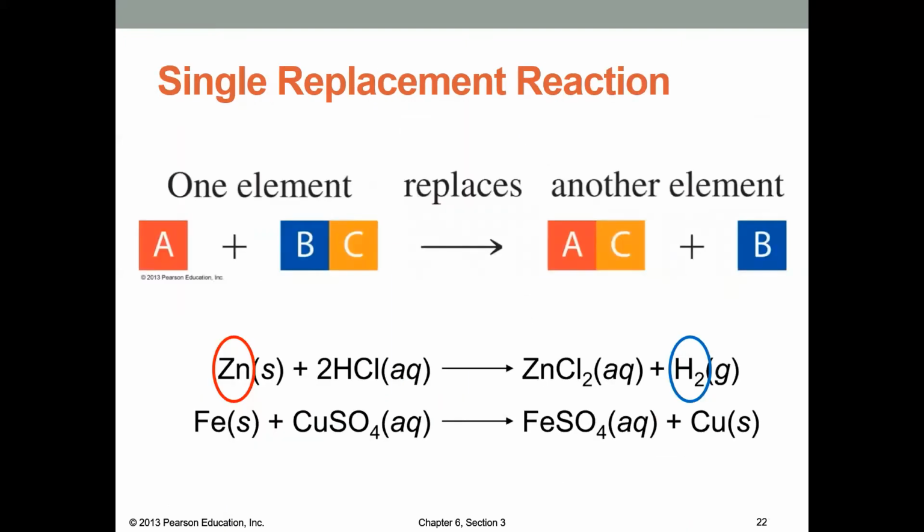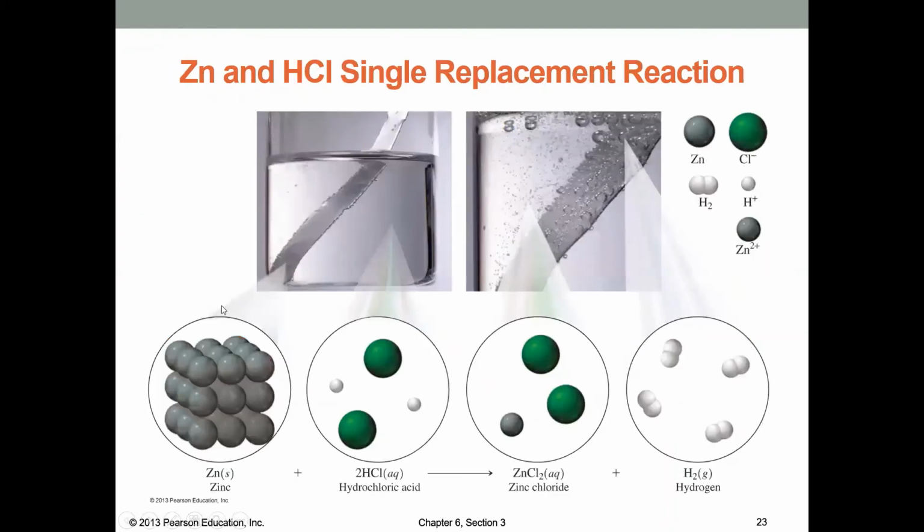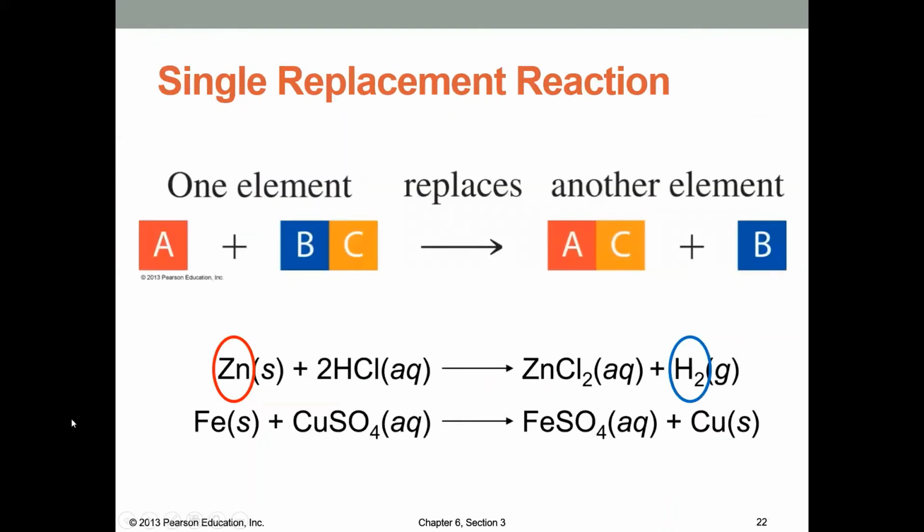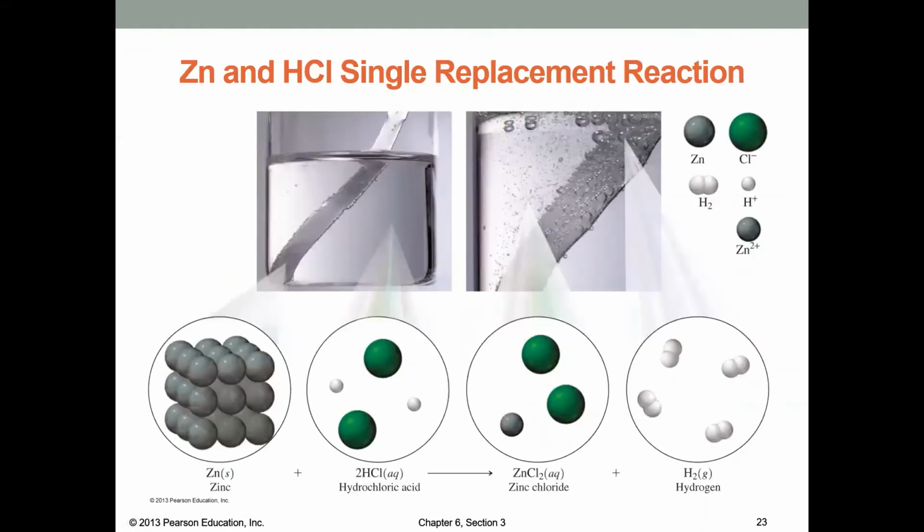Single replacement, one is replacing the other. So this again, we talked about with zinc and HCl. If you add zinc to hydrochloric acid, what's pretty neat is the zinc will basically look like it dissolves. So it becomes zinc chloride, and then you see all this bubbling, and what's happening is hydrogen gas is being released. So it's pretty neat.